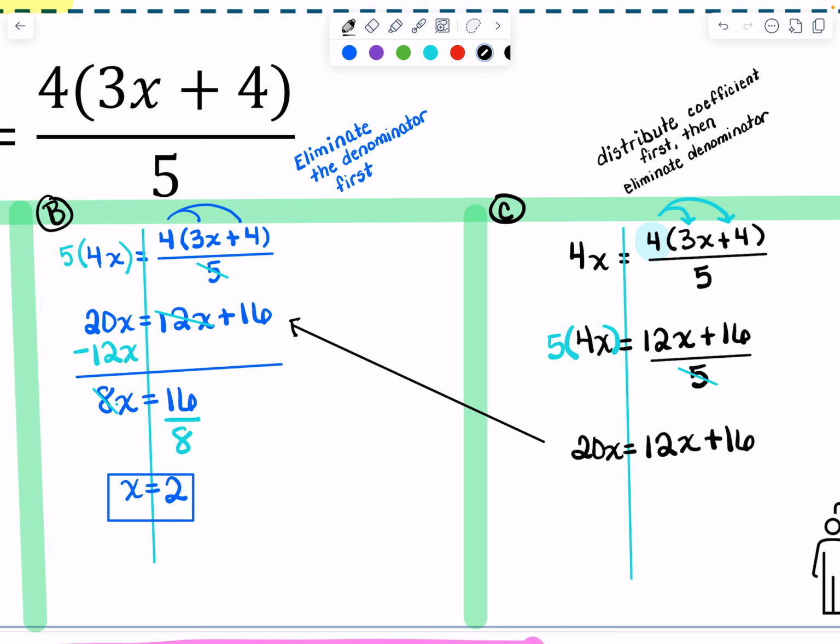Okay. All right, now I want to go ahead then and get all the x's on the same side. So get rid of 12x on the right side, subtract 12x on the left side. Rewrite our equation. So I have 8x equals 16. Now, instead of multiplying by 8 on the left side, I'm going to divide by 8 on the right side, and I have x equals 2.